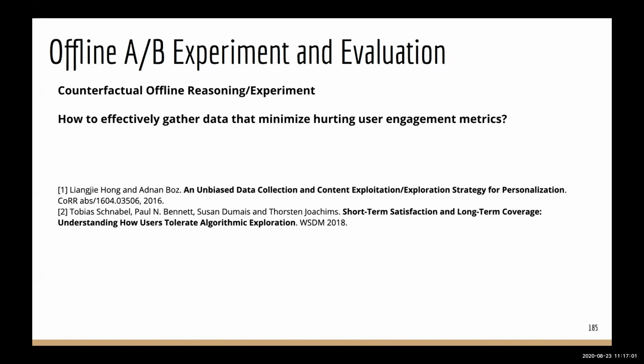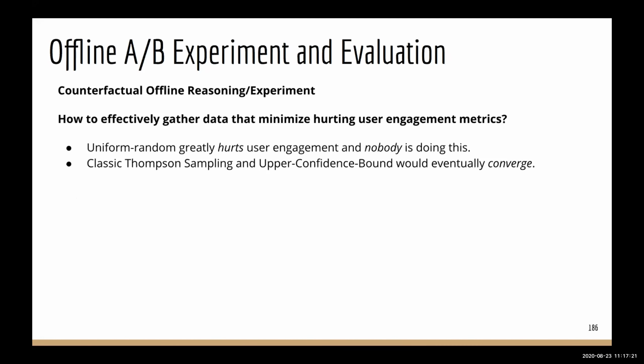People may leave. If you show just random stuff, people may leave and never come back. So from the data collection and logging perspective, it makes sense, but from the user engagement perspective, it doesn't. So how can you do it more effectively? I think that's an open question to the community.